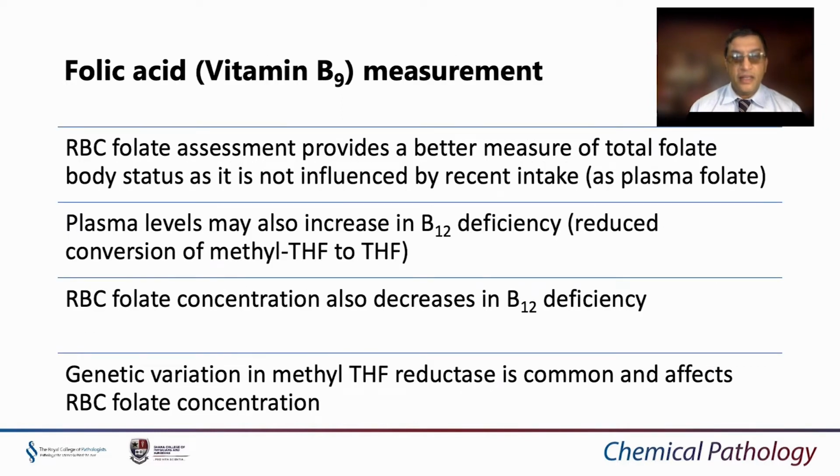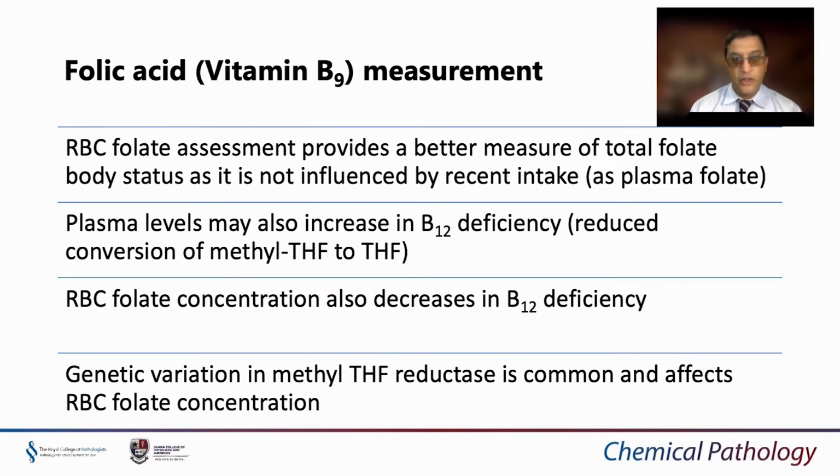Vitamin B9 can be quantified by red blood cell folate measurement and plasma levels. Red blood cells are superior as they are not influenced by recent ingestion of folate. The plasma levels also may tend to increase in B12 deficiency due to reduced conversion of the methyl tetrahydrofolate form to THF.